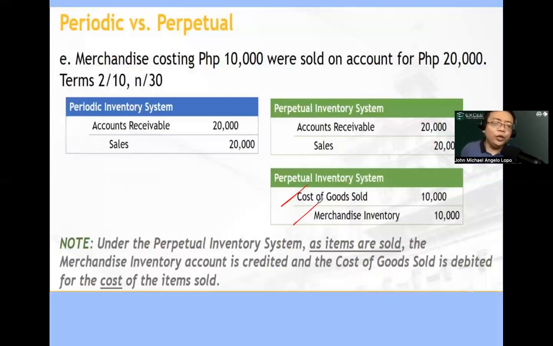Okay? So in the perpetual inventory system, as items are sold, the merchandise inventory is credited and the cost of goods sold is debited for the cost of any item sold. Okay? So hopefully class, naintindihan to, no? It is very elementary or very basic.